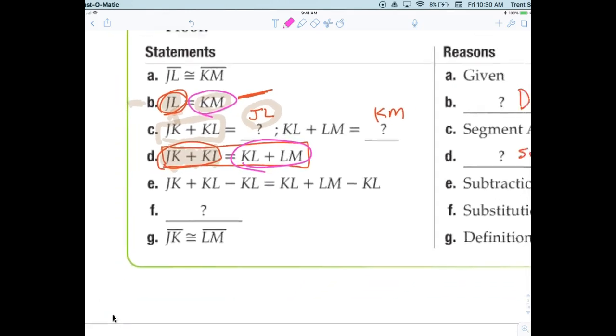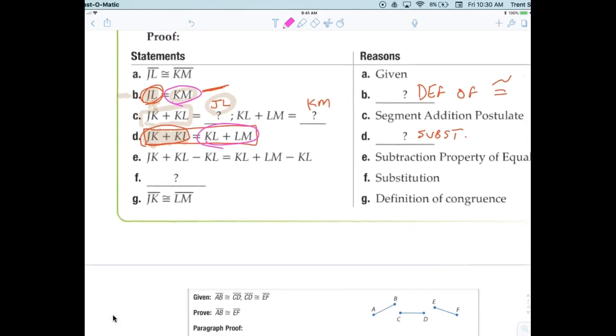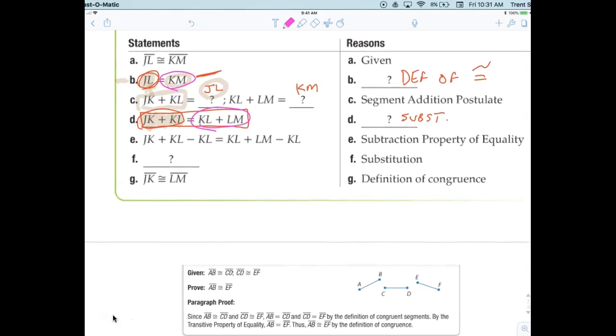Now, I would disagree with them on this a little bit here. How do I get that? Again, I want you to put parentheses around this, because this is not how I do it.